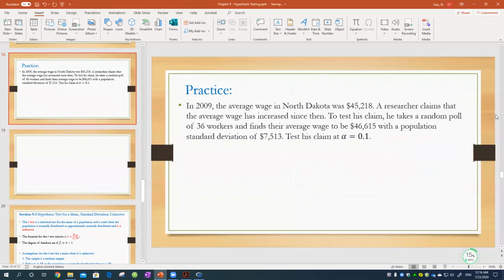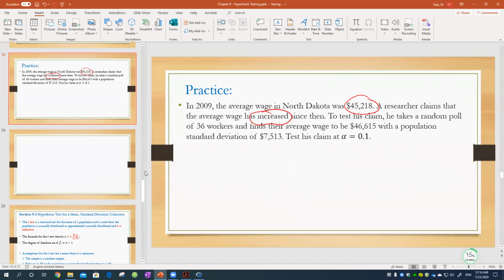The average wage in North Dakota in 2009 was $45,218. A researcher claims that the average wage has increased since then. We're going to mark all this important information. So this is one, and then increased. To test his claim, so the claim is more than that, right? Increased.